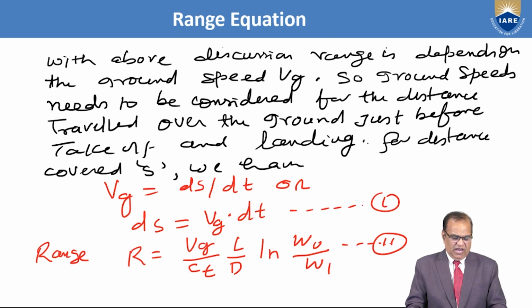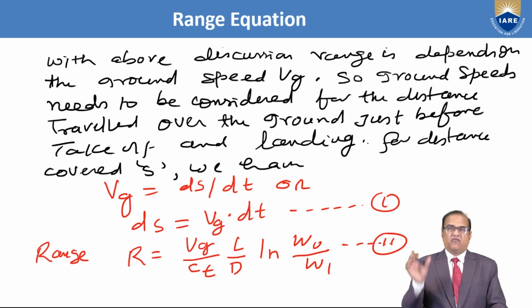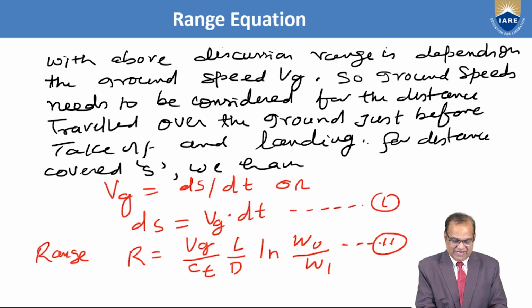For distance covered S, we have the equation Vg is equal to ds by dt, or we can write that ds is equal to Vg into dt.